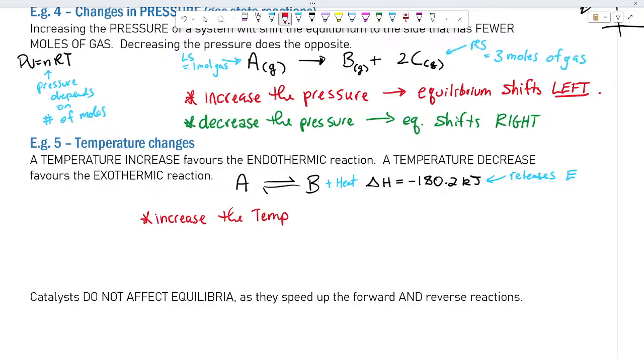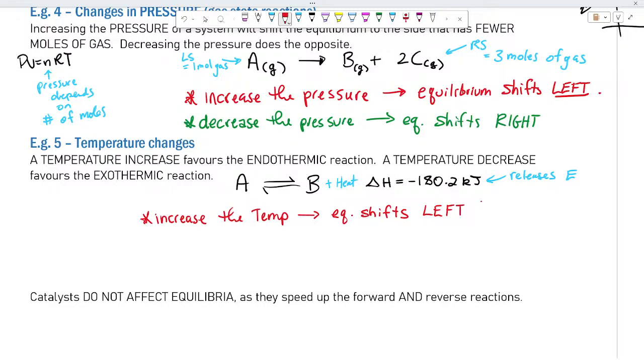In other words, if we add heat to the system, which way is it going to shift? We add heat. If we add heat, the equilibrium is going to shift to try to do what? Remove heat. Which way does this have to run to remove heat? To the left. Very good.